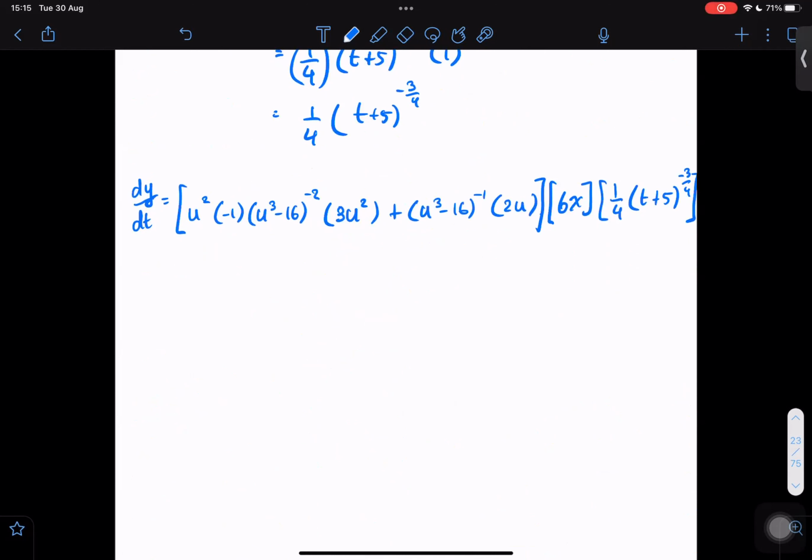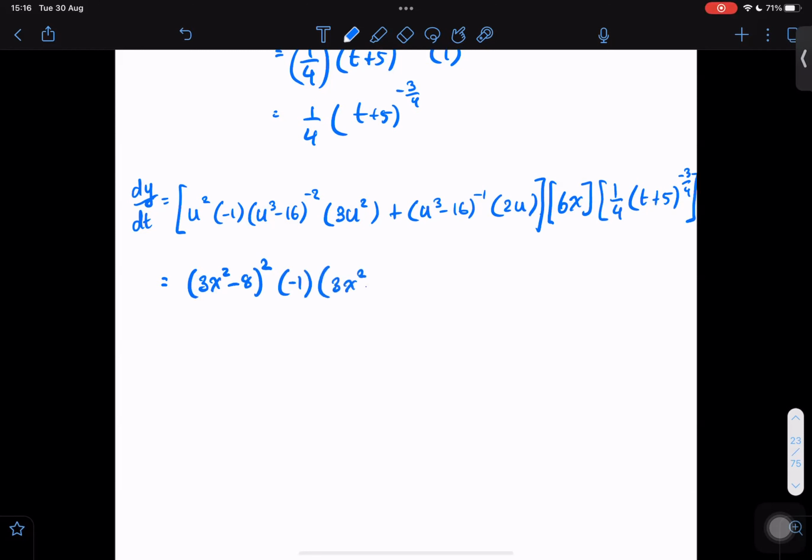Because you already know that x is equal to the fourth root of t plus 5, and u is equal to 3x squared minus 8. So you can change u to 3x squared minus 8.